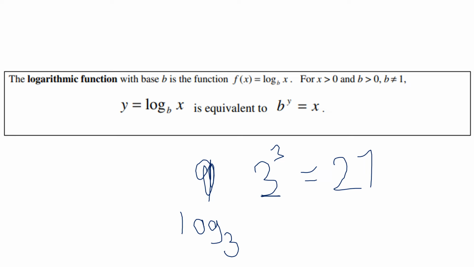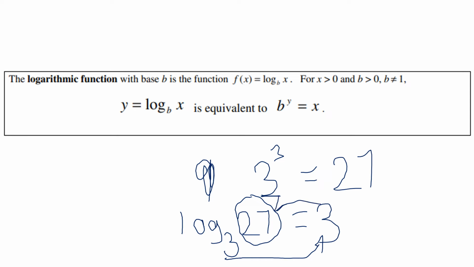All right, that's my b, y'all. 27. So let me pause here for a second. The log is asking you, 3 to what power gives you 27. That's what the logs are saying. A base to what power gives you that number attached to it. And that is a power of 3. 3 to a power of 3 gives me 27. So that's all we are saying. That's all we are doing. All right?